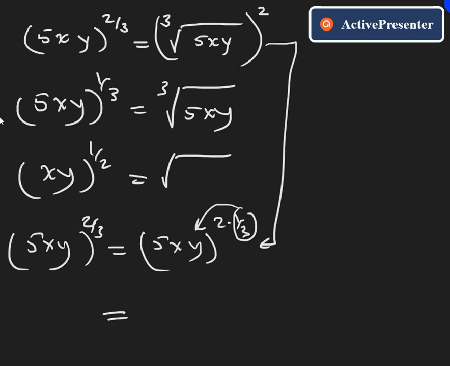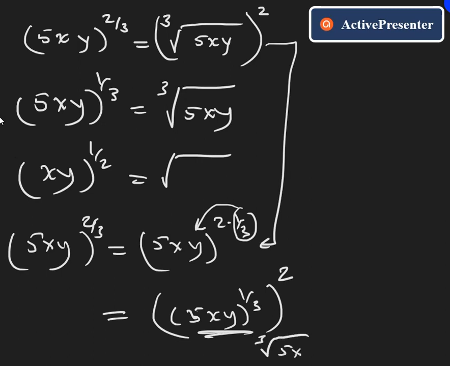So this should be 5xy all to the power 1 over 3, all to the power 2. This is the cubic root of 5xy, and then it should be to the power 2, and this is the final answer.